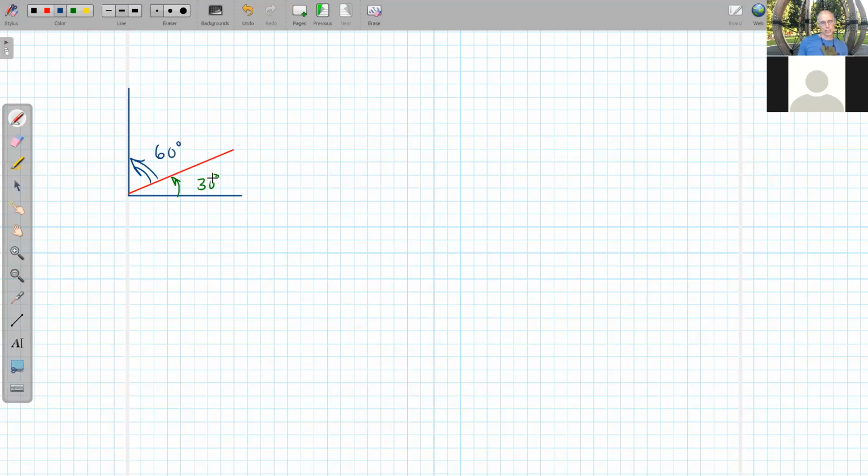These two angles together add up to the 90 degrees. Sometimes when we're doing angles, we use Greek letters for them, so I might call this one alpha and this one beta. And anytime you have two angles that add up to 90, so angle alpha plus angle beta, then they're said to be complementary angles.